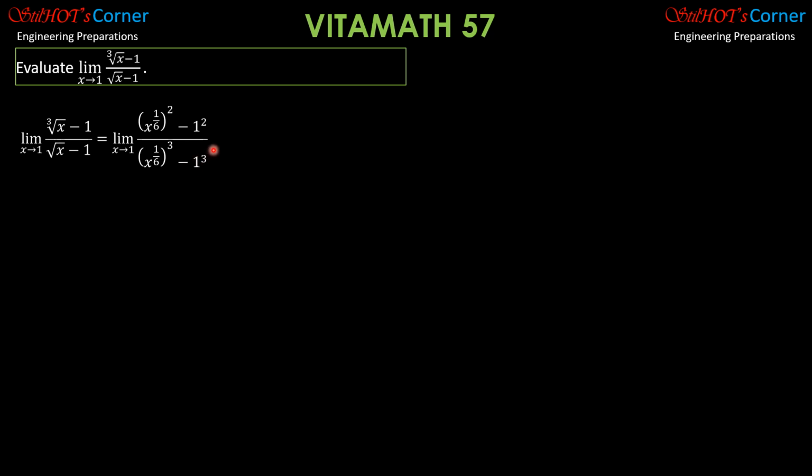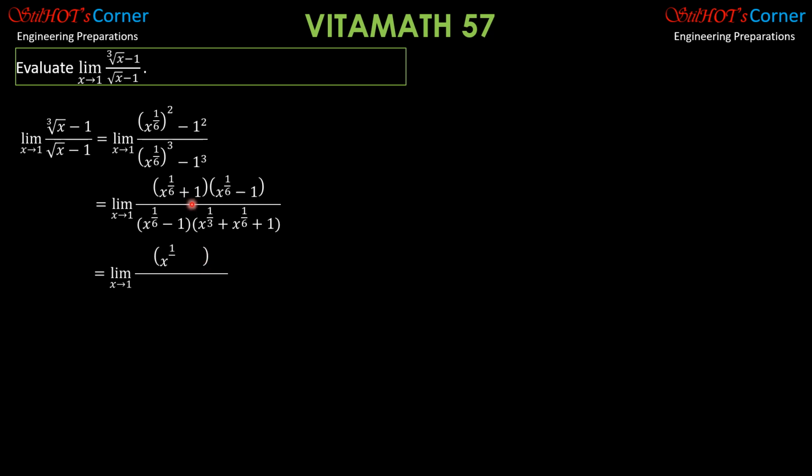So we write this as x to the 1/6 plus 1 times x to the 1/6 minus 1 in the numerator; in the denominator, x to the 1/6 minus 1 times x to the 1/3 plus x to the 1/6 plus 1. Cancel out x to the 1/6 minus 1, so we have the limit as x approaches 1 of x to the 1/6 plus 1 over x to the 1/3 plus x to the 1/6 plus 1.